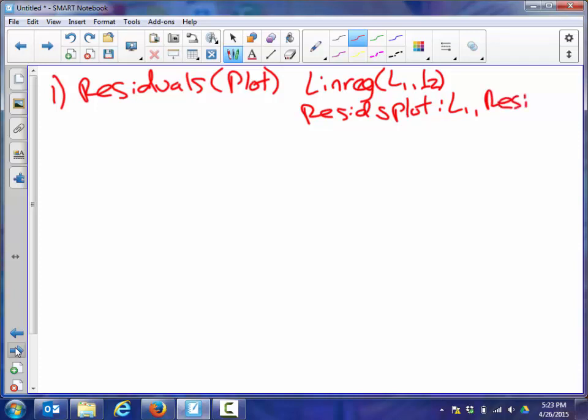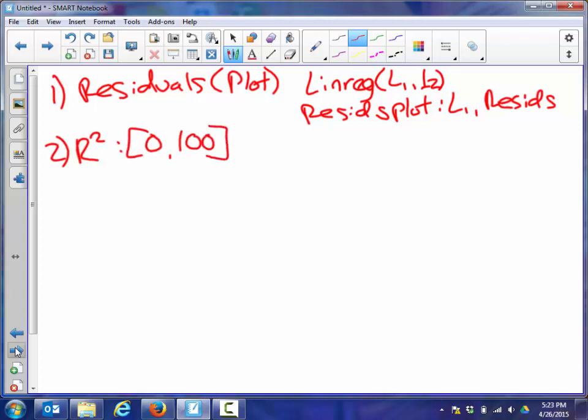It's going to be a scatter plot where you set up your X list as L1 and your Y list as resid. I can't remember if it's with the S or not on your calculator. Regardless, that's how you'll set up a residuals plot.